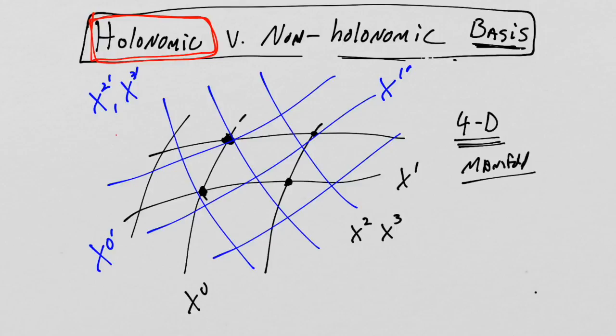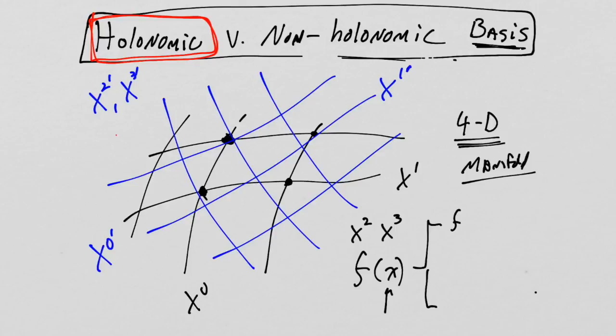And if you transform to this system, what you're really saying is that if you have a function on the space-time, f of x, where x is a point in space-time, it's really dependent on the point in space-time.